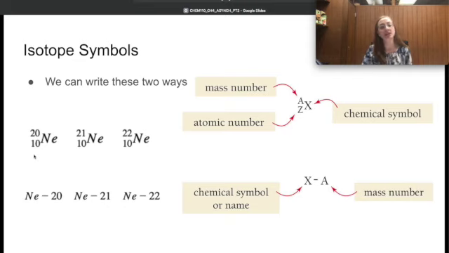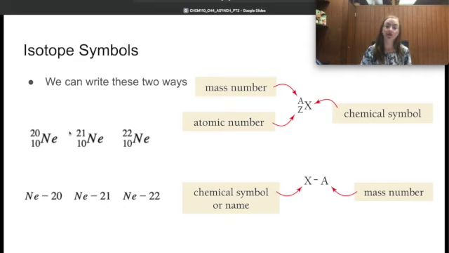But we can see that we're not changing the number of protons at all. So here we must have 10 neutrons. Here we must have 11 neutrons. And here we must have 12 neutrons, because remember, if we changed the number of protons, we would no longer have neon.